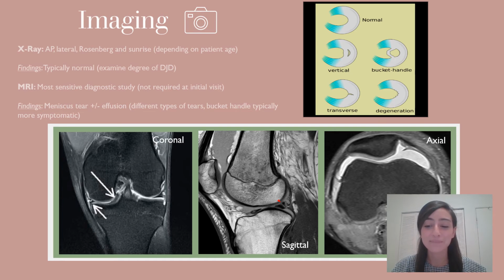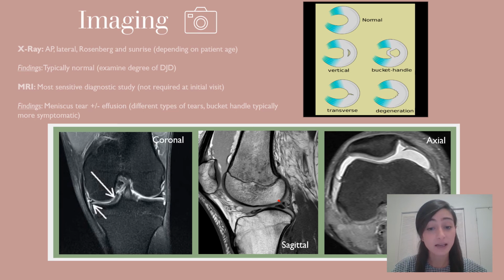So next, we'll talk about the MRI. So technically, in a patient that presents initially for a meniscus tear, you do not have to order an MRI right away. However, if there is any suspicion for a ligamentous injury, you should definitely get an MRI to rule that out.